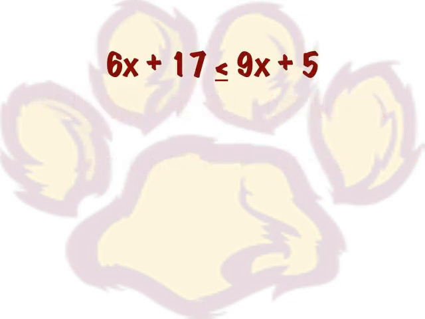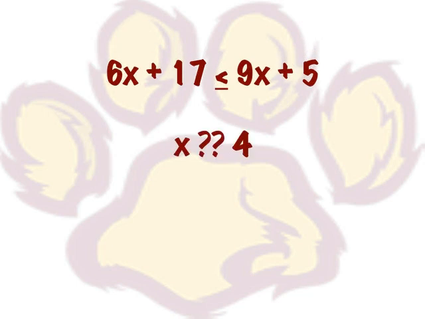I don't know about other 8th graders at other schools, but my Math 1 students, when they see an inequality like this, 6x plus 17 is less than or equal to 9x plus 5, they don't have a problem solving the inequality. They know their answer is going to have an x, they know their answer is going to have a 4.